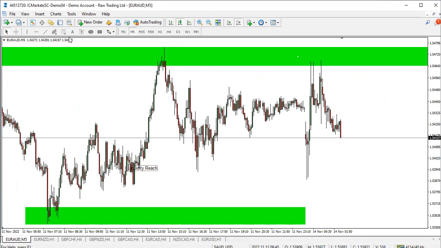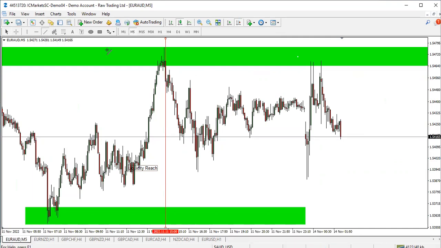So this is the candle that broke the neckline, this bearish candle here. And this is the neckline that was broken here, and this retest here makes for a valid entry.